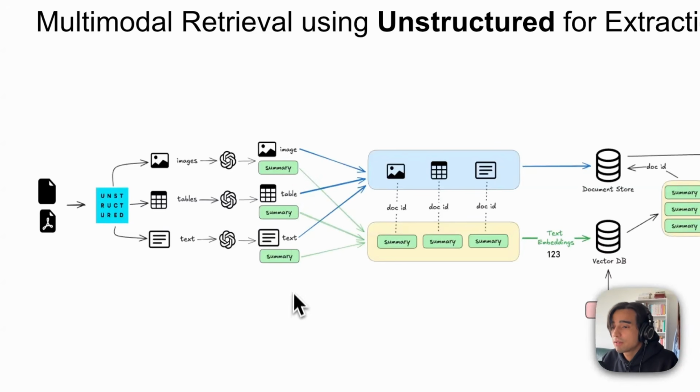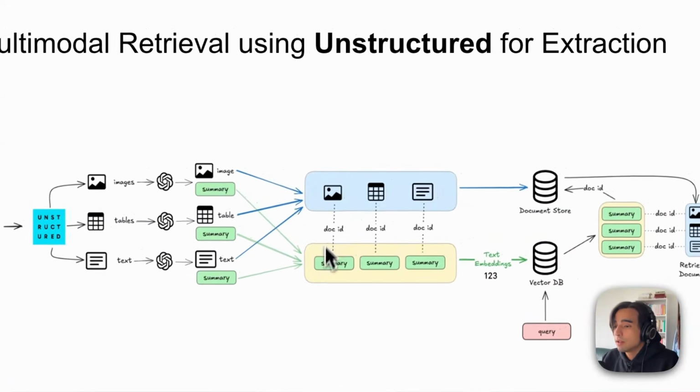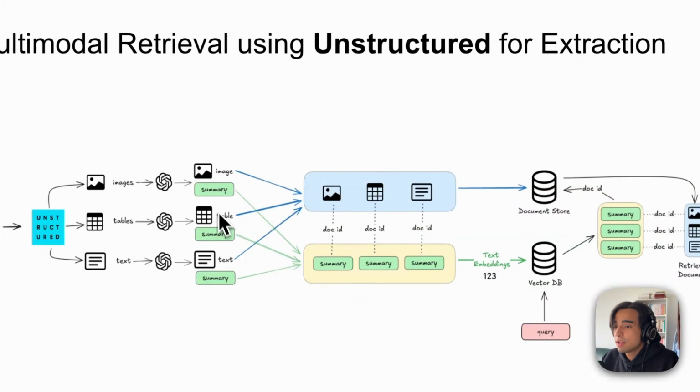Once you have extracted every single thing, we're going to tie them together, the summary and the original element, using a doc ID. This is going to be just a string, a very specific ID that is going to link the original document to its summary.